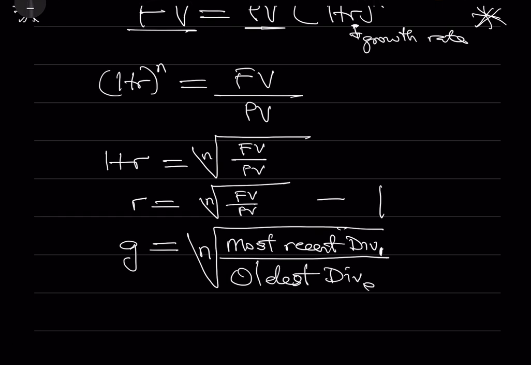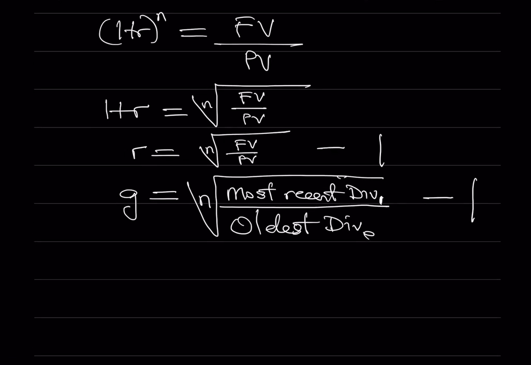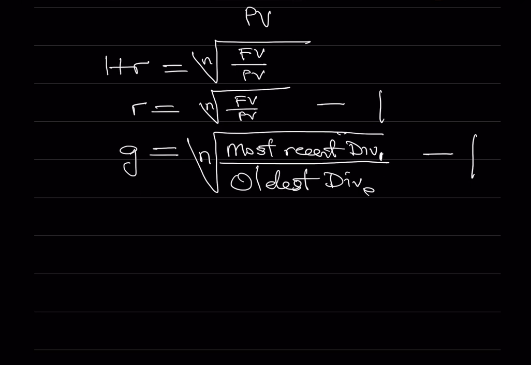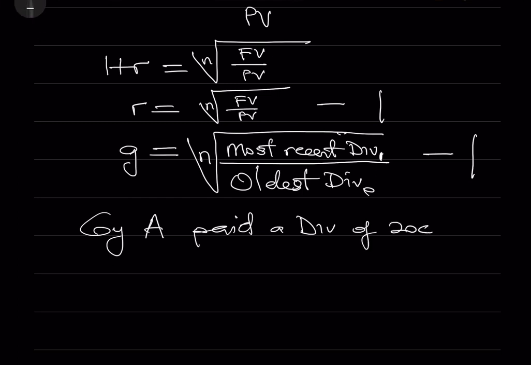I'll call dividend naught minus 1. This is the first method, the first approach to calculating growth rate. Take for instance, if you have company A that paid a dividend of, say, 20 cents, like we said before, 4 years ago.